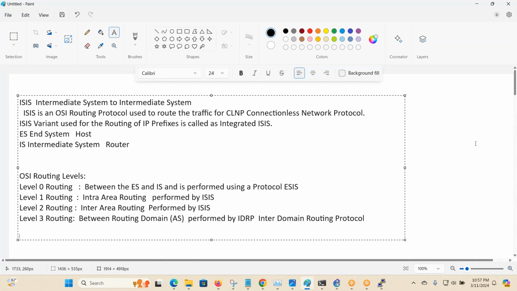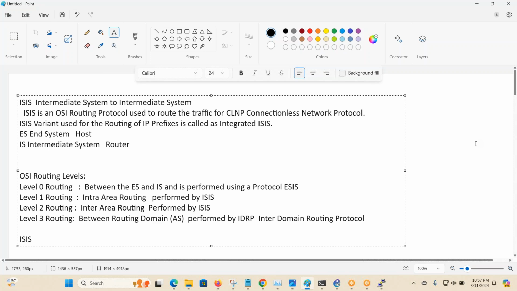So now we will discuss some basics of ISIS. ISIS is a link state routing protocol used to route traffic within the routing domain or autonomous system.